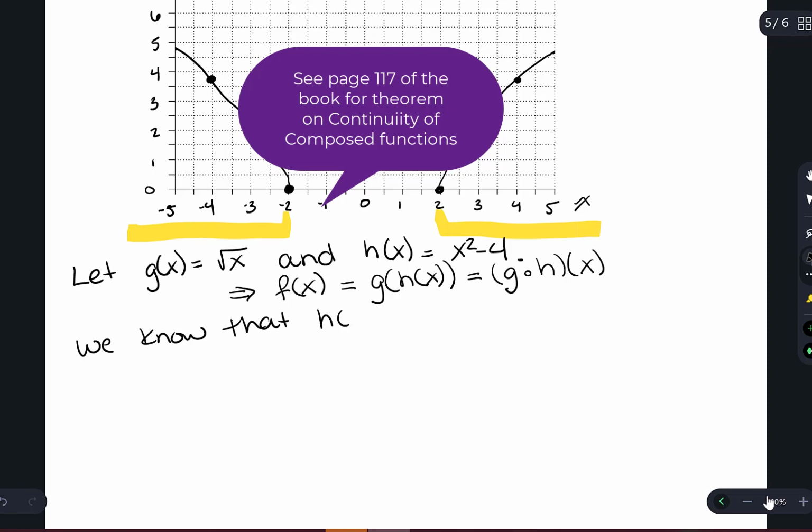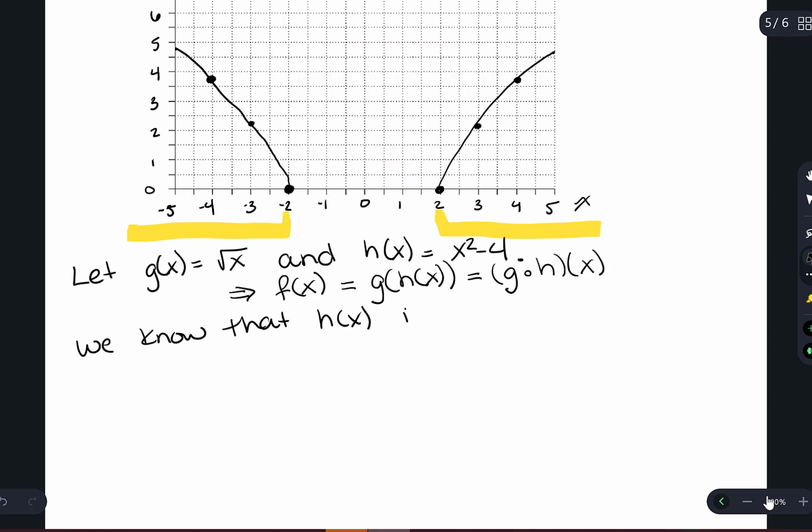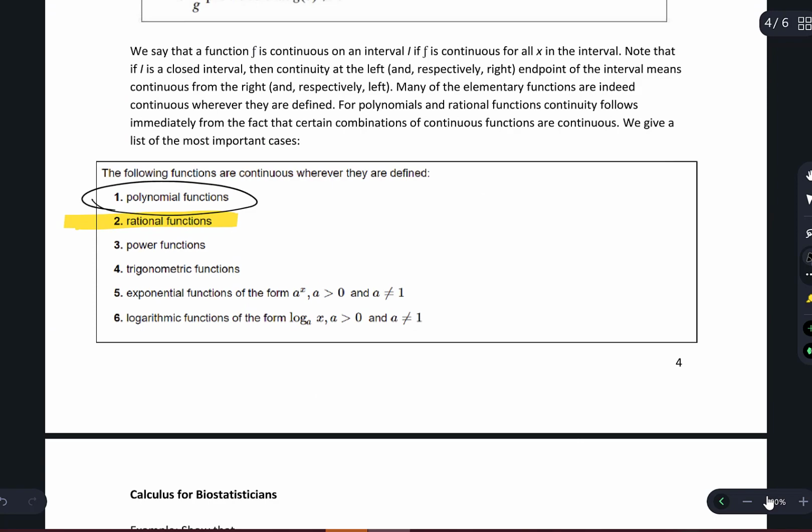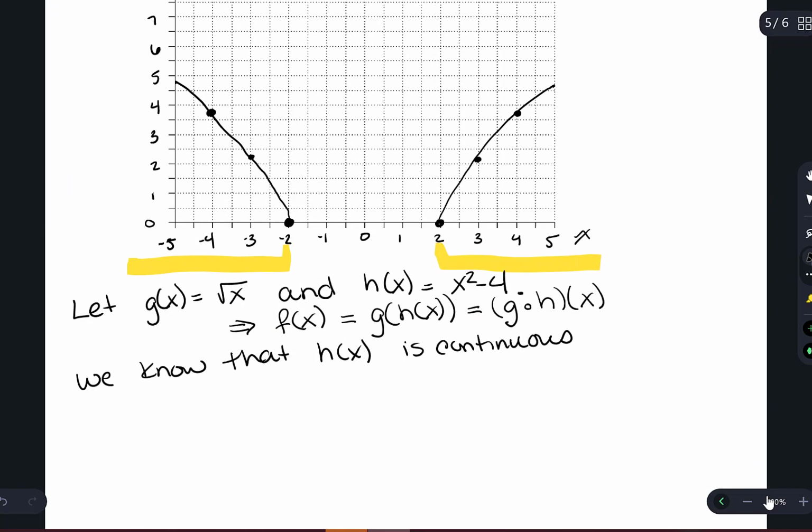All right, so we know that h of x is continuous. And we know that because it's a polynomial, and remember that polynomials are continuous anywhere that they are defined. So we know that it's continuous, and h of x is greater than or equal to 0.